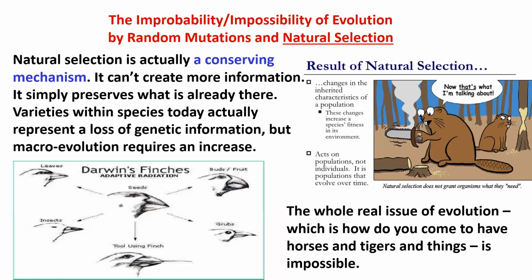And natural selection acts on populations, not individuals, but it is populations that evolve over time. Okay, so the whole real issue of evolution, which is how do you come to have horses and tigers and things, is impossible. Changing from one kind of animal to another, that is impossible.